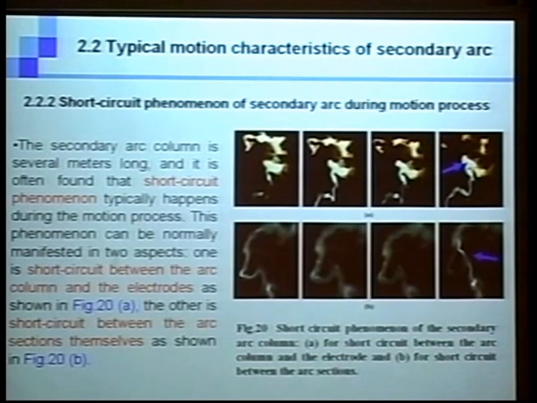One is short circuit between the arc column and the electrodes. The other one is short circuit between the arc sections themselves. The upper one is for the short circuit between the arc column and the electrodes, and the downward one is for short circuit between the arc sections themselves.